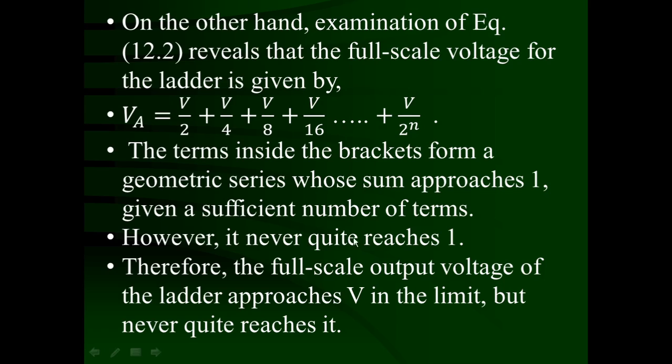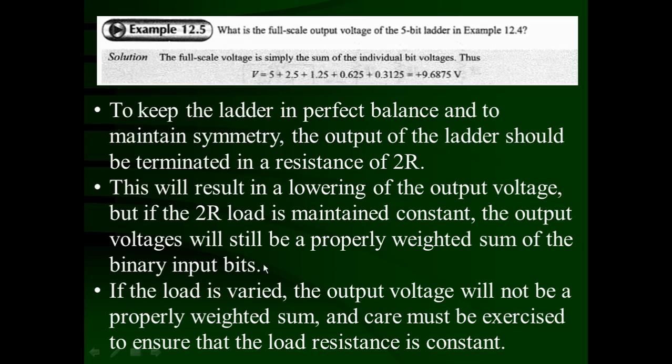However, it never quite reaches 1. That means the total voltage cannot equal the voltage level provided at the digital input, but is slightly less. Therefore, the full scale output voltage of the ladder approaches V in the limit, but never quite reaches V, which we can see in this example.